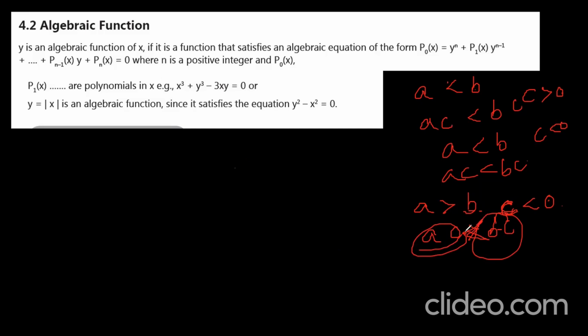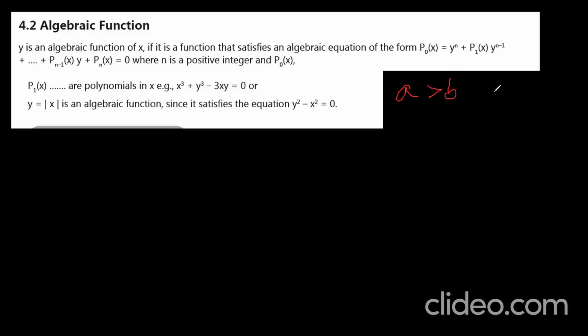So the inequality sign also changes. If c is less than 0, then ac should be less than bc. When a greater than b, c less than 0, then ac should be less than bc.